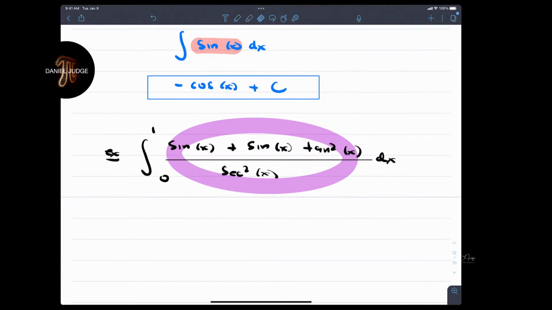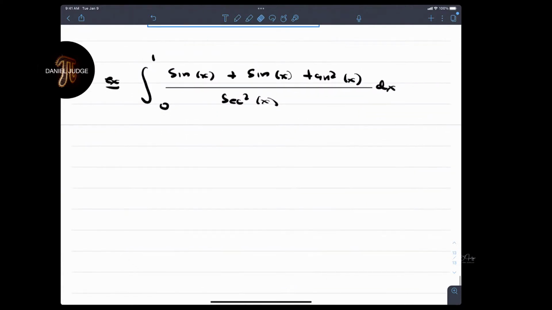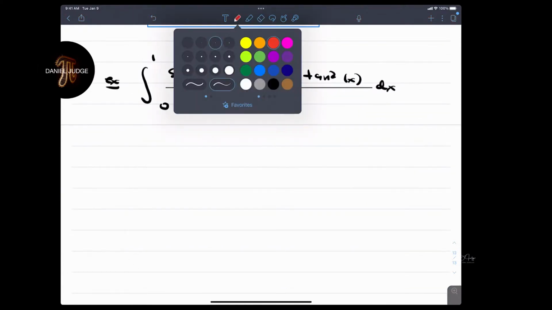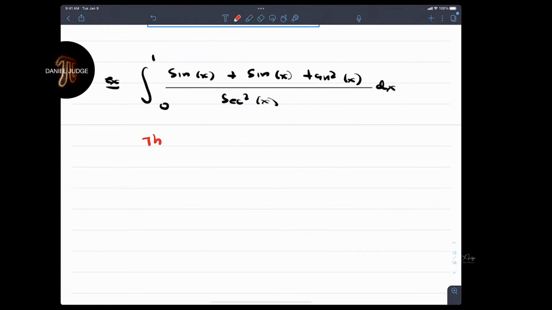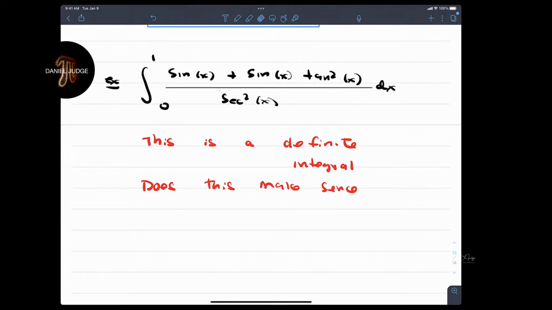But here's my question. Does this make sense to you guys? I added limits, so I want you guys to note this is now a definite integral. Does this make sense?